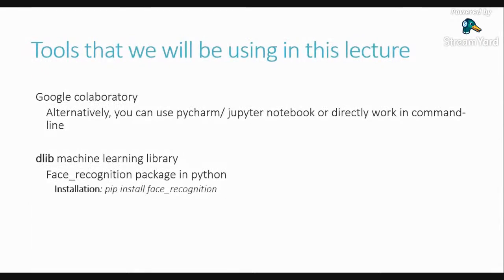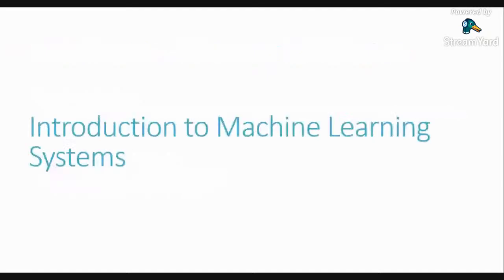For machine learning, we will be using the DLib machine learning library, or specifically the face recognition package that is built over DLib, and it's available freely. You can install it using this command: pip install face_recognition. The advantage of using face_recognition as compared to DLib is that it provides easy access to the face recognition functionality through simple functions.